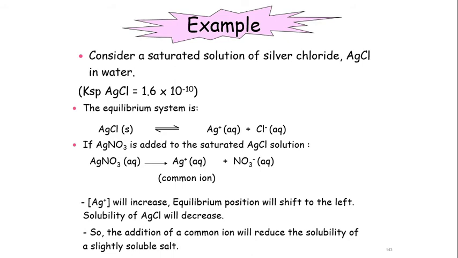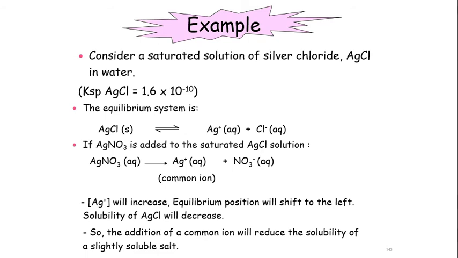Secara ringkasnya, jika ada common ion di bahagian produk, ini menyebabkan concentration produk bertambah. Dan akhirnya, equilibrium akan shift ke arah reactant, ke arah kiri. So, ini menyebabkan reactants di bahagian kiri susah untuk jadi produk. Sebab produk dah banyak.